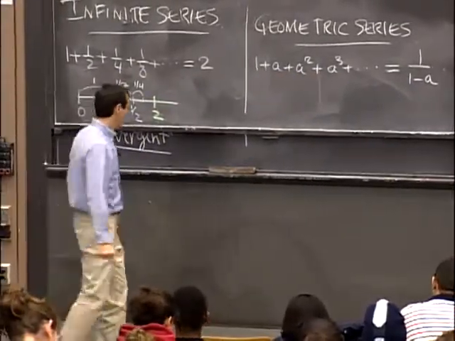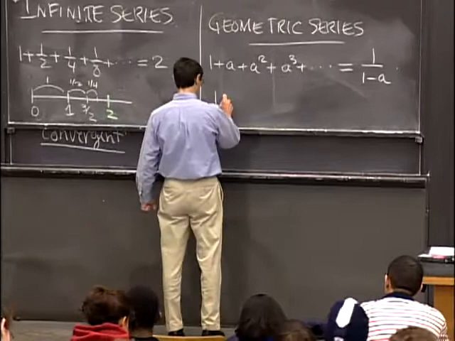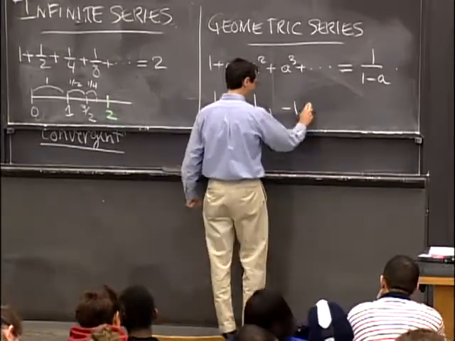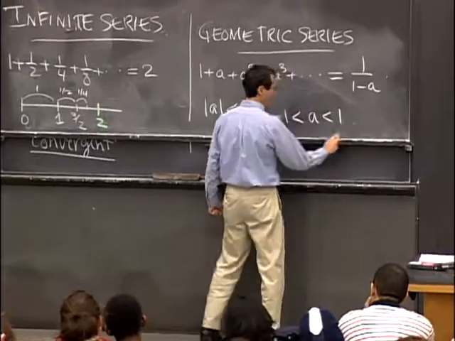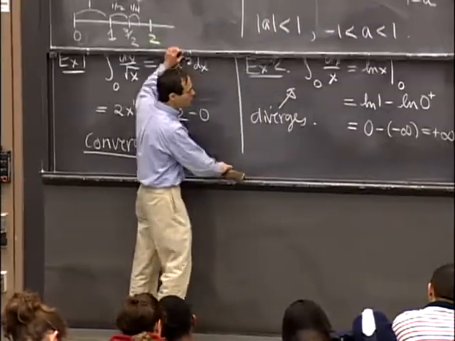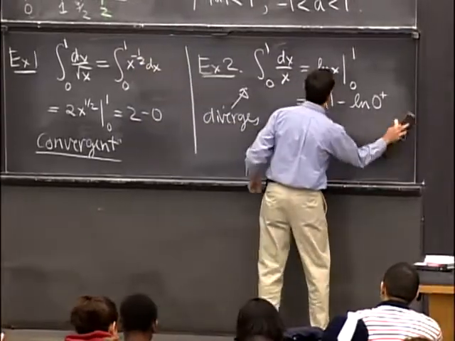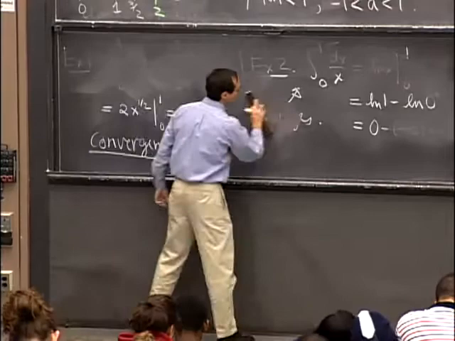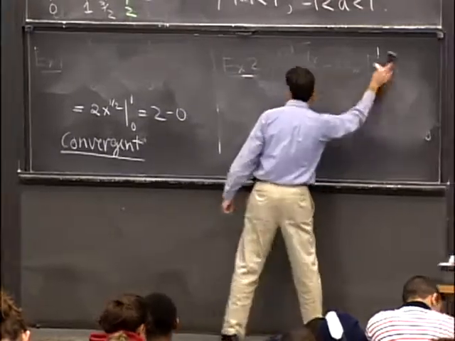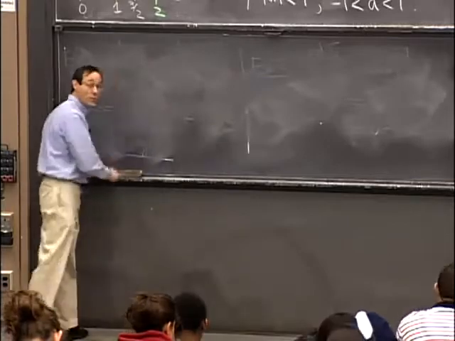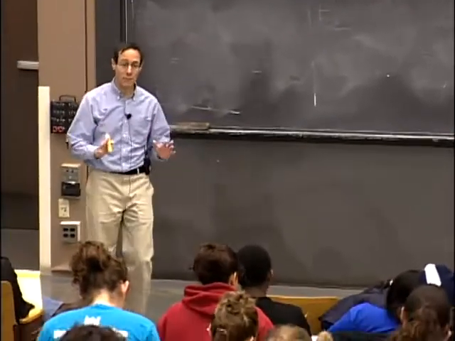And I remind you that this only works when the absolute value of a is strictly less than 1. In other words, when minus 1 is strictly less than a is less than 1. And that's really the issue that we're going to want to worry about now. What we're worrying about is this notion of convergence and what goes wrong when there isn't convergence, when there's a divergence.